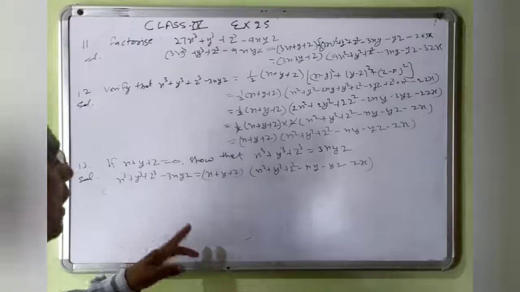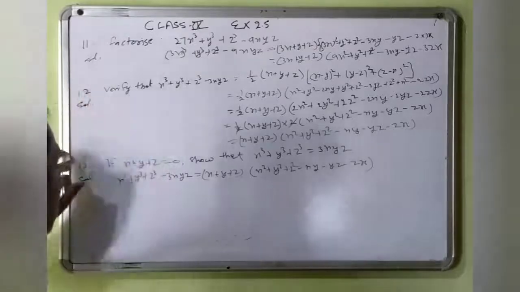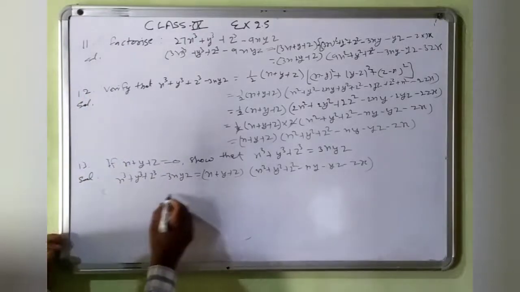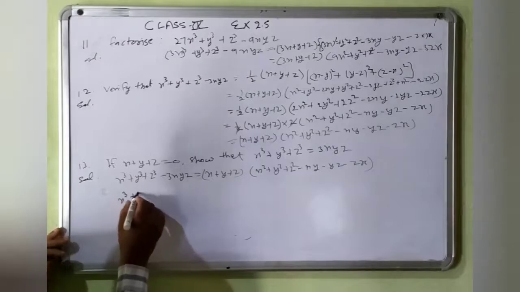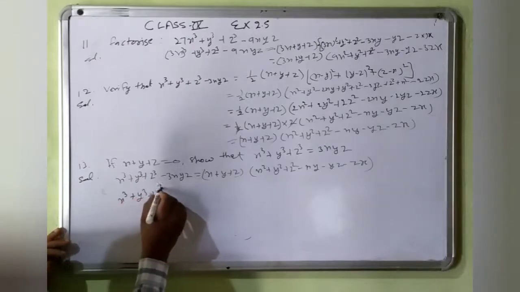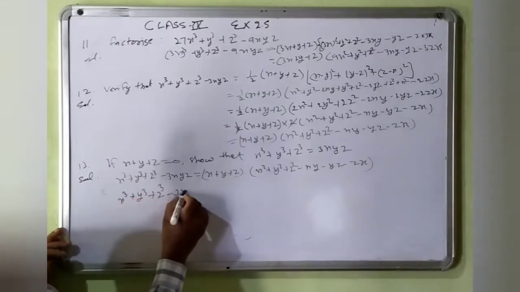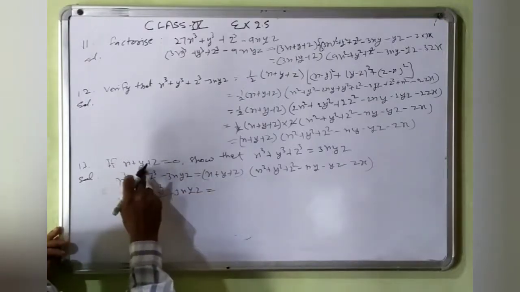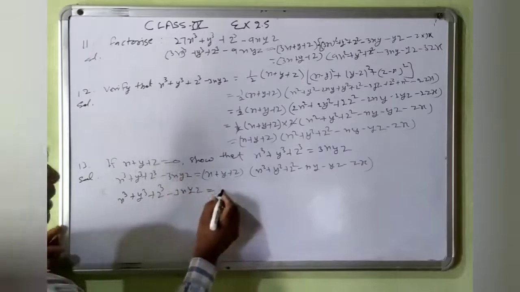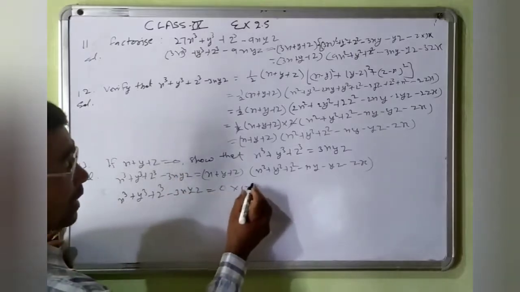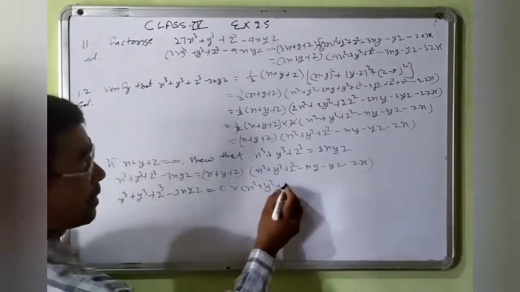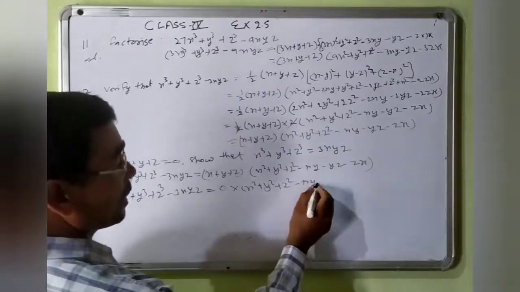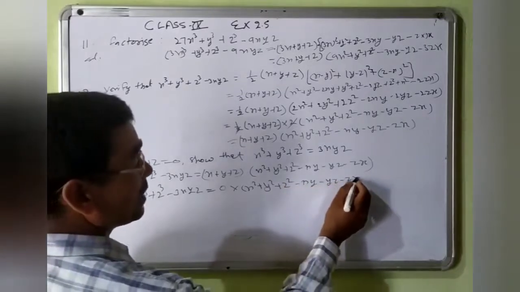On the basis of the 8th identity, we are solving all these questions. So x cube plus y cube plus z cube minus 3xyz is equal to x plus y plus z, which is given as 0, multiplied by x square plus y square plus z square minus xy minus yz minus zx.